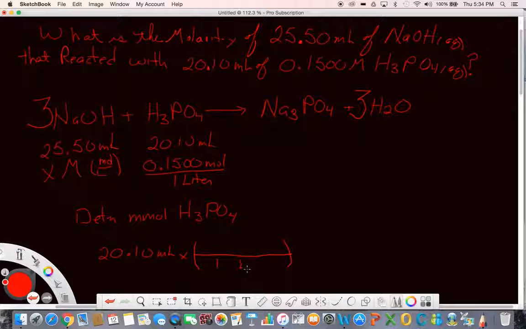For every 1 liter, there is 0.1500 moles. And that will give us moles because the liters will cancel out, leaving us with millimoles. And we get 3.015 millimoles of phosphoric acid.